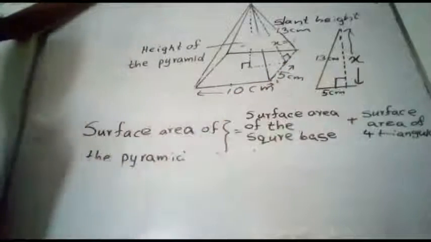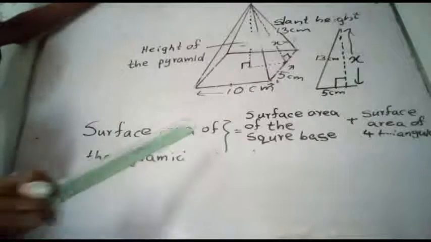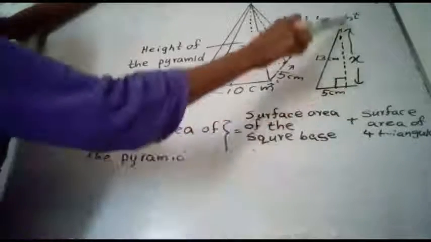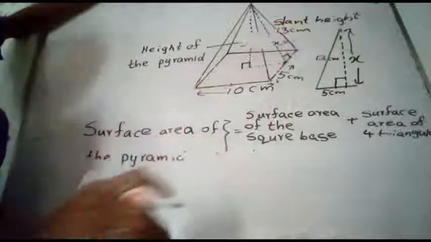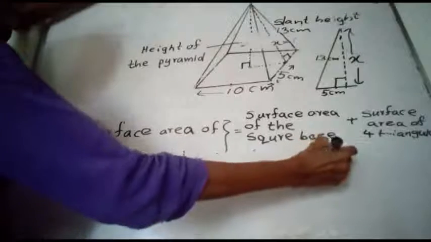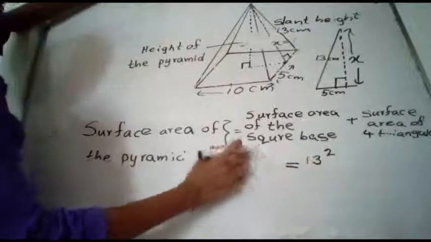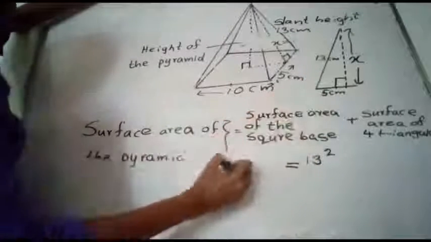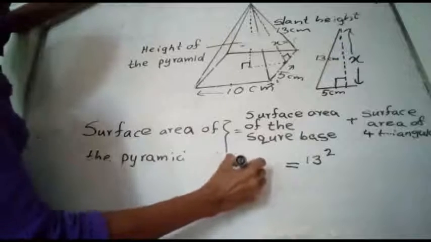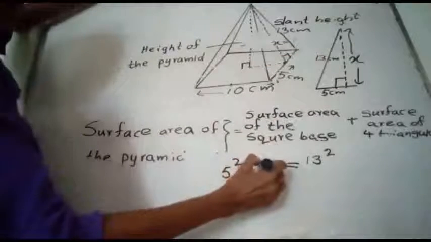Now using the Pythagoras relation, we can write 13 squared equals 5 squared plus x squared.